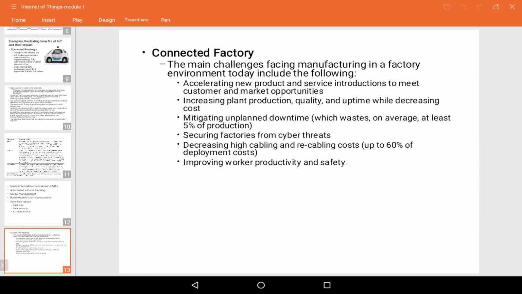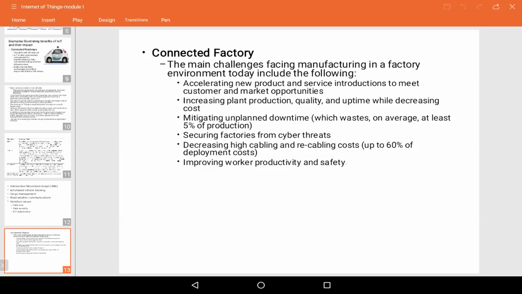Similarly, they are reducing the cost and increasing the quality. That is again the major goal. The third one is how to have waste control in your factories, because when you have control over the waste, you can actually save a lot of money.